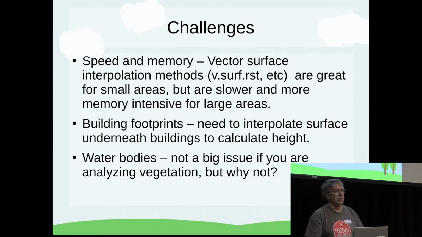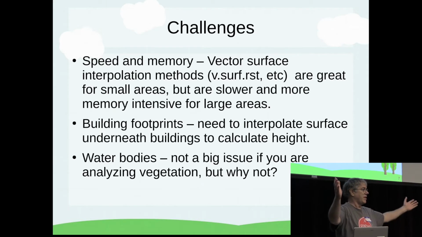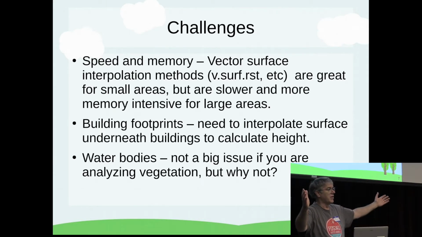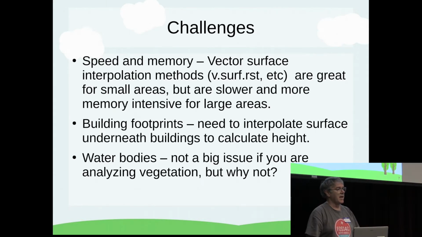But I tried to work with the data a county at a time, which is usually over 1,000 tiles in a shot. And you either need a lot of memory to do that, or it's going to take a very long time as a vector data set, vector analysis.